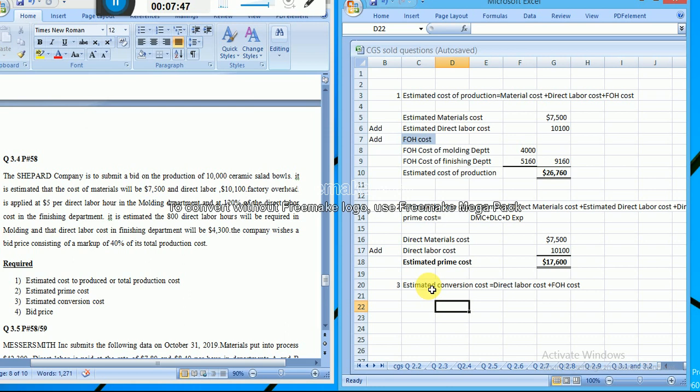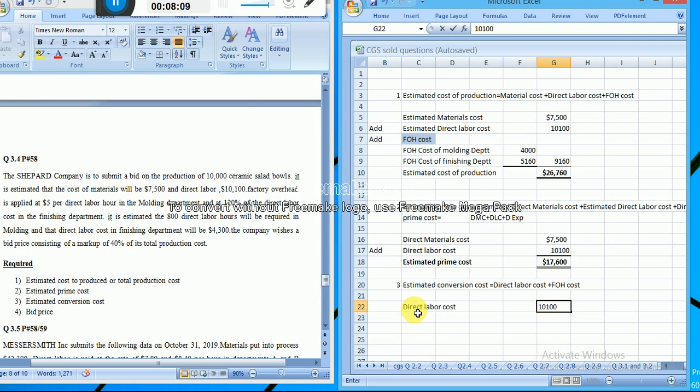So first our direct labor cost is 10,100. Look, we will not take the 4,300 direct labor cost.